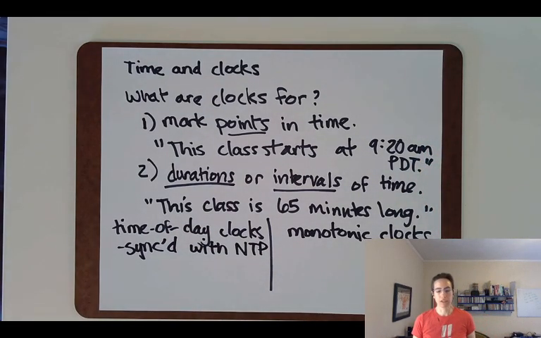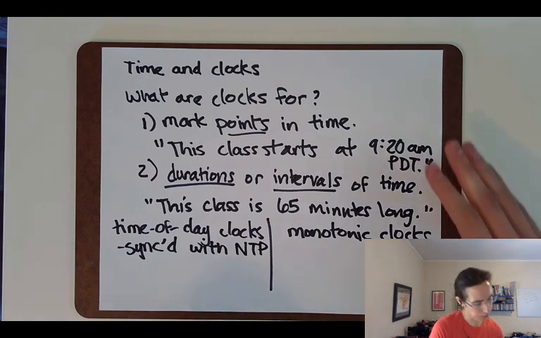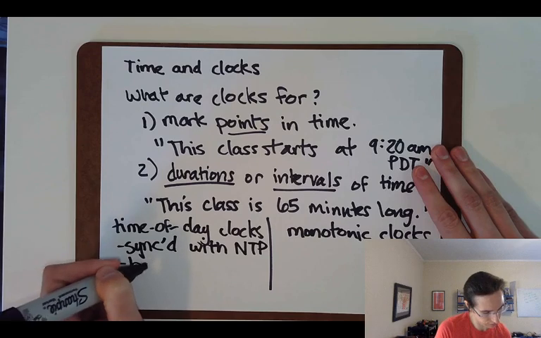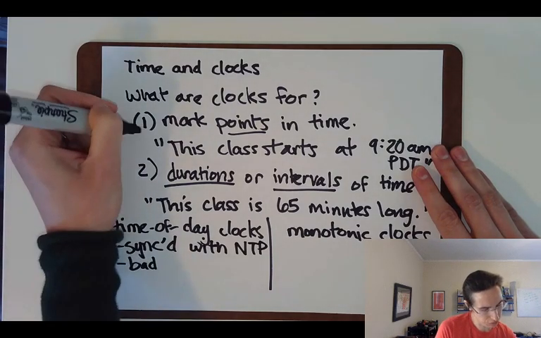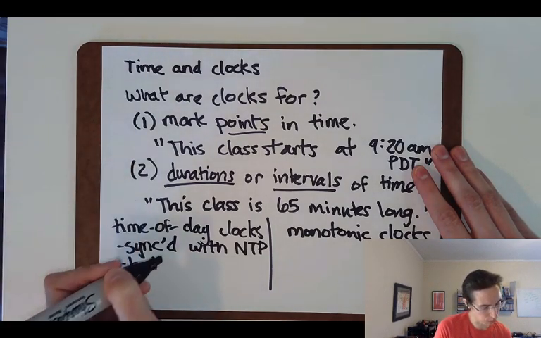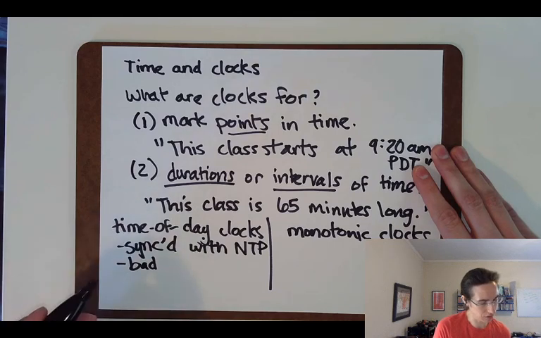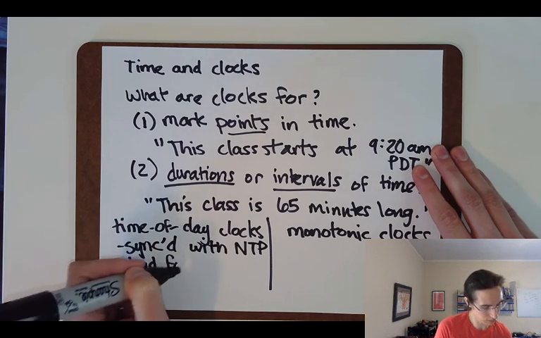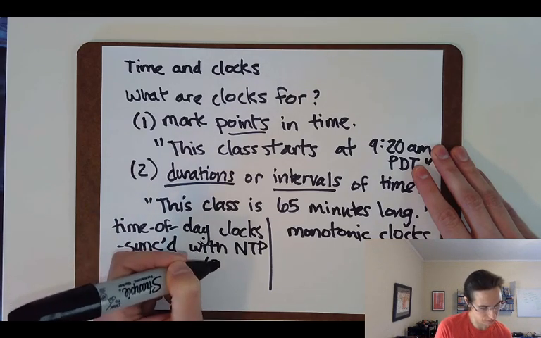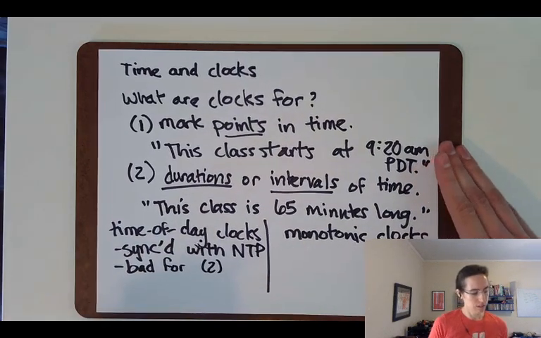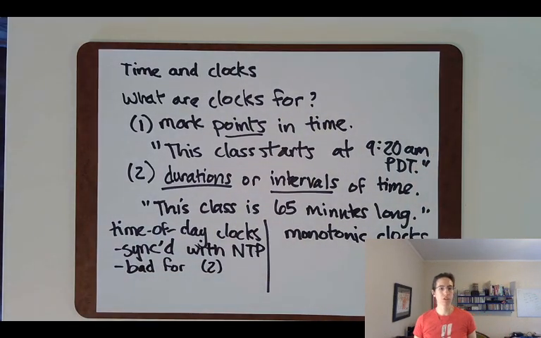And time of day clocks are bad for measuring durations or intervals. So if these are the things 1 and 2 that clocks are used for, time of day clocks are bad for measuring durations or intervals of time. Why are they bad for that?